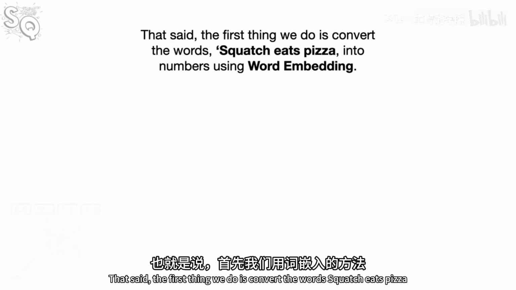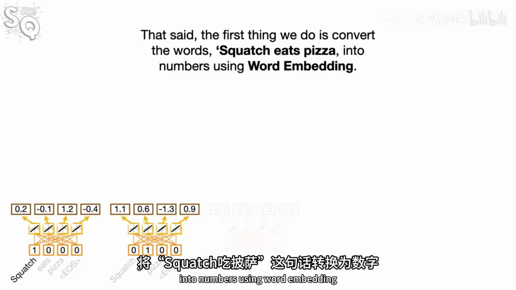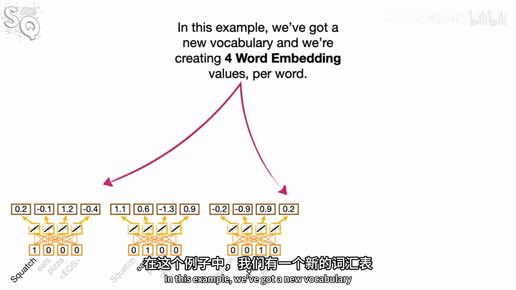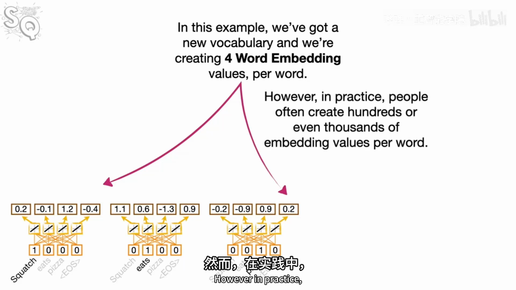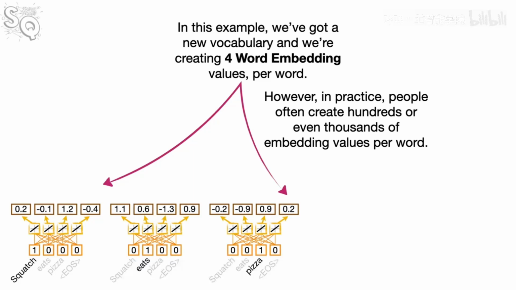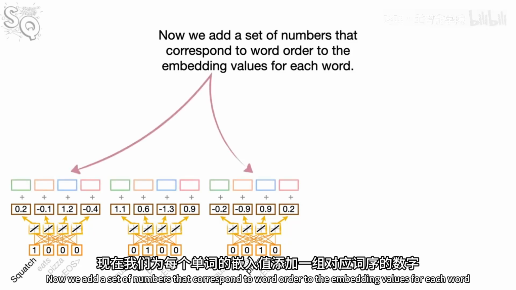That said, the first thing we do is convert the words "Squatch eats pizza" into numbers using word embedding. In this example, we've got a new vocabulary and we're creating 4 word embedding values per word. However, in practice, people often create hundreds or even thousands of embedding values per word. Now we add a set of numbers that correspond to word order to the embedding values for each word.